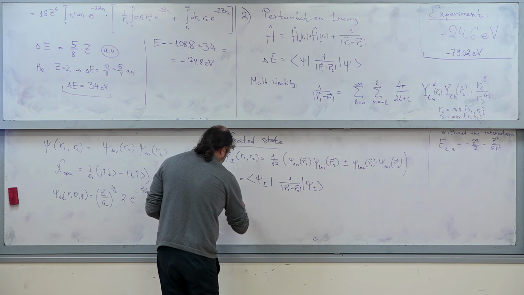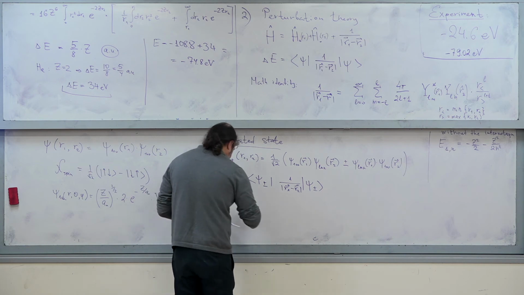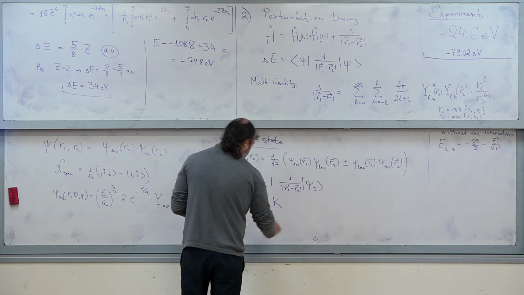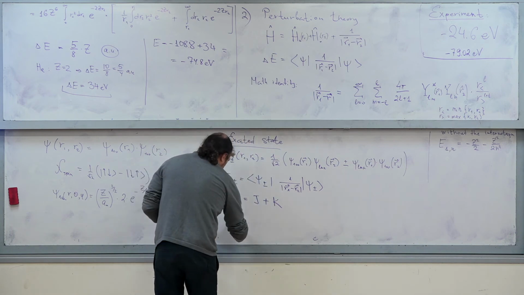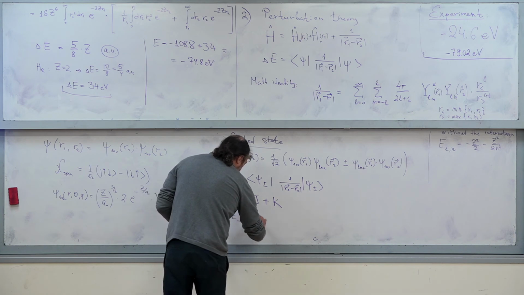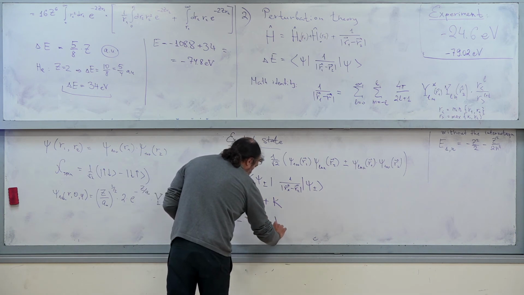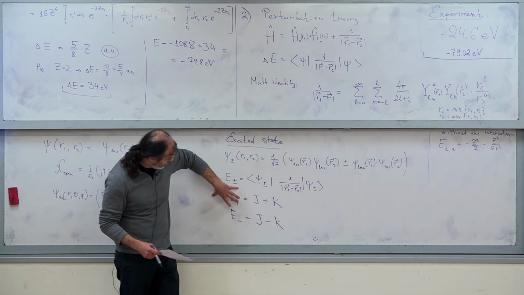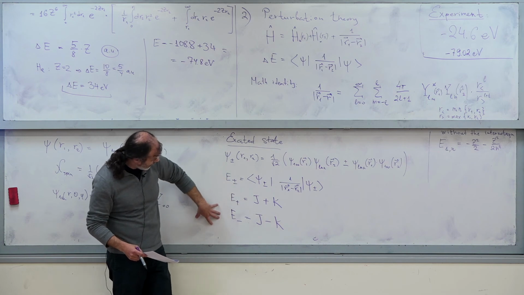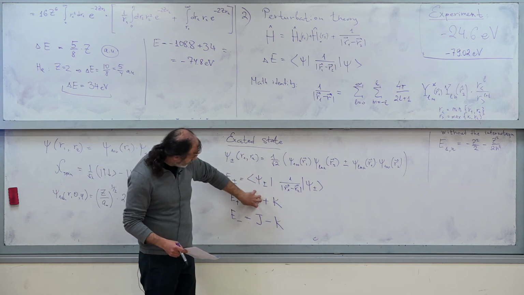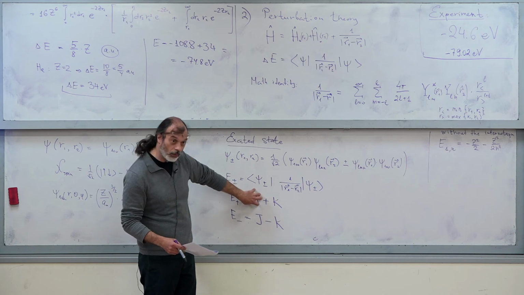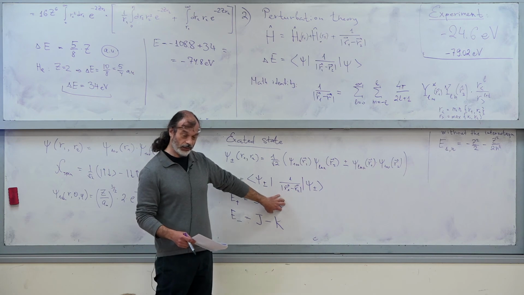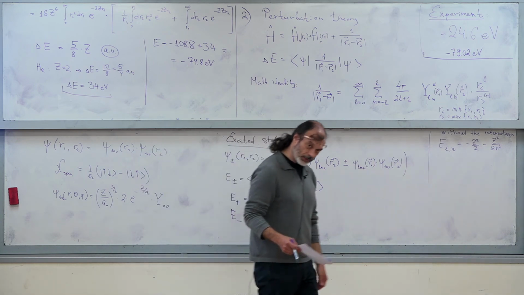In case of plus, E plus will give us some integral J plus some integral K, and in case of minus we will have the same integral J minus the same integral K. So there will be two distinguished cases, one plus and one minus, with two contributions. One we call the direct integral, and the second one will be called the exchange integral.